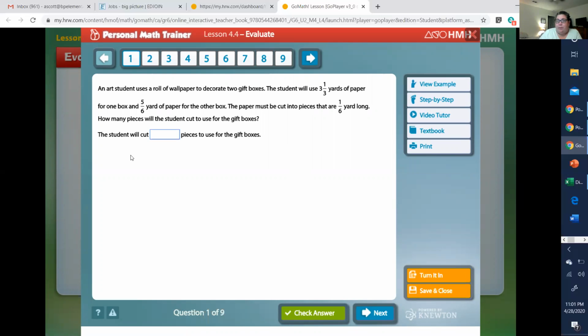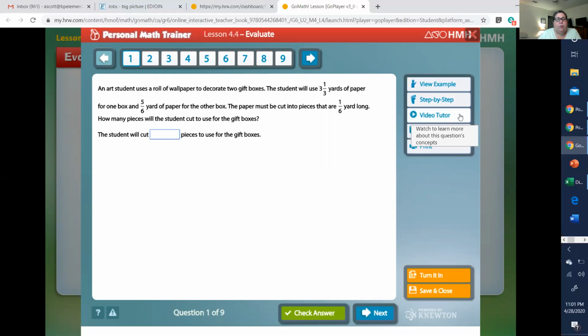You will see the problem right here. Now, I'm not going to do the problem for you, but you can see that you have it all laid out right here. And if there is any trouble, any question, anything that you are confused about, you can look over here. You have so many tools at your disposal. You can view an example of this same type of problem. You can see a step-by-step way of how you need to solve it.